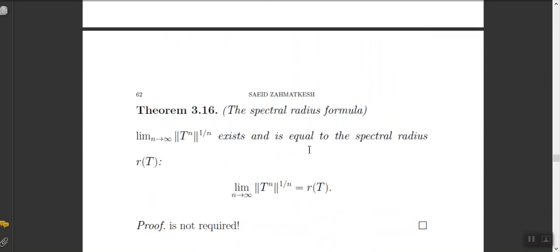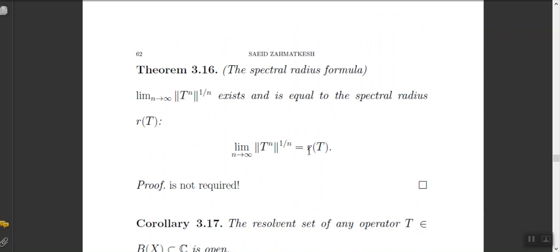And then we have a theorem that we mentioned without proof because the proof is very complicated. You just bear in mind the spectral radius formula. We can prove that the limit of the norm of T^n to the power of 1 over n, which means the nth root, sorry, I said n square root, let me correct it.